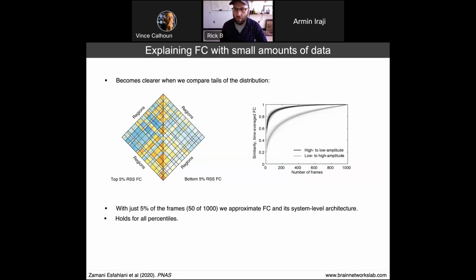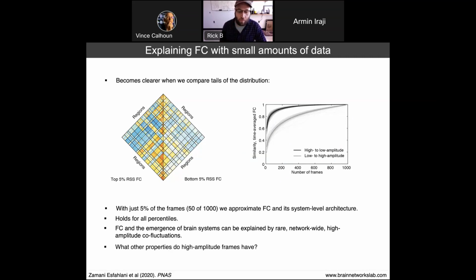It holds at literally every level. So our interpretation was that static functional connectivity, measured as a bivariate correlation, and the systems expressed in those connectivity matrices, can be partially explained or attributed to these infrequent, brain-wide, high amplitude co-fluctuations, which was very interesting to us, and at the time, kind of surprising.